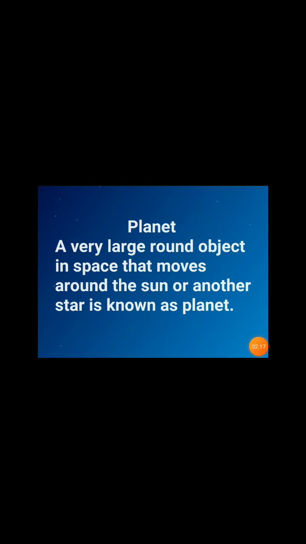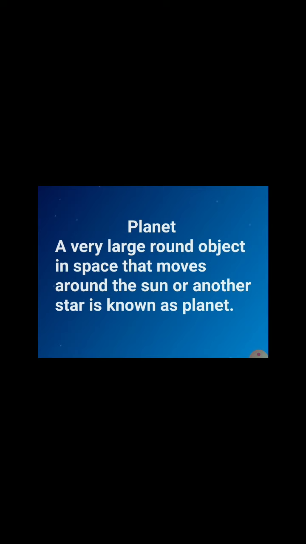Then what is planet, children? A very large round object in space that moves around the sun or another star is known as planet. Children, remember one thing, that sun is a star. What we see from morning to evening is our nearest star.